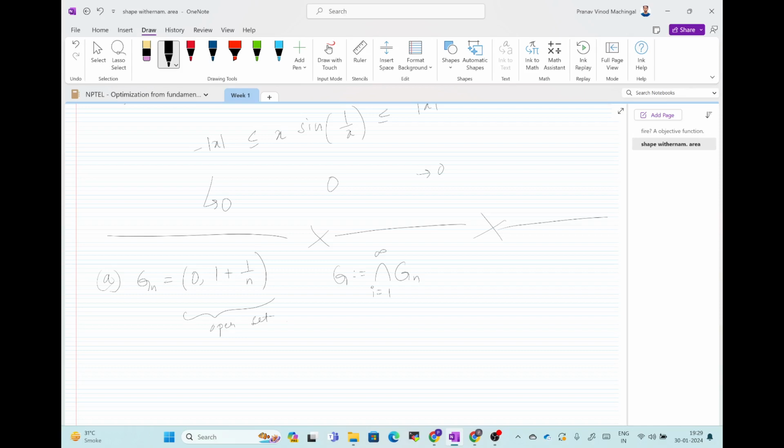Yes. Why? That was a property, right? I mean, the proof we can find, but intersection of open sets is always an open set.